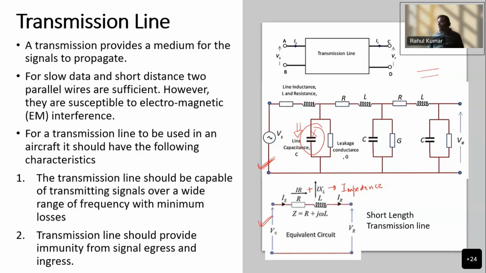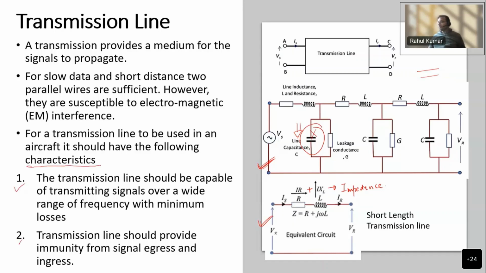Also, these transmission lines or simple wires are affected by electromagnetic interference, which disturbs the signal which the wires are carrying. Therefore, to use a transmission line in an aircraft, it should follow two characteristics.